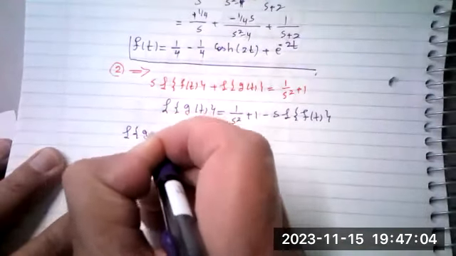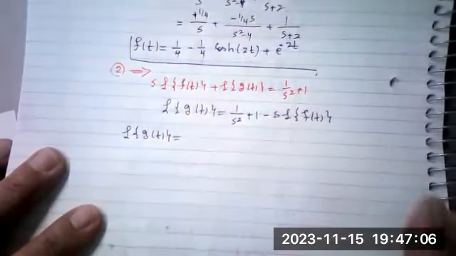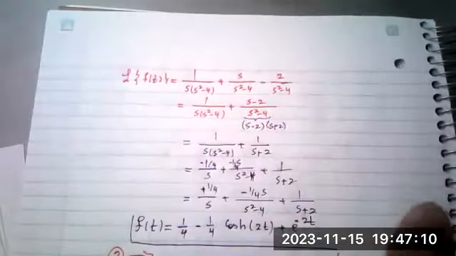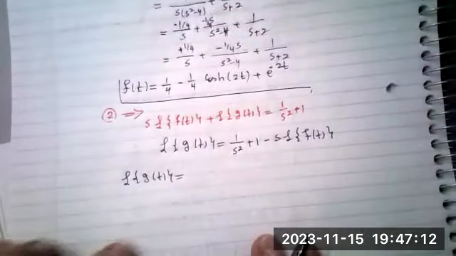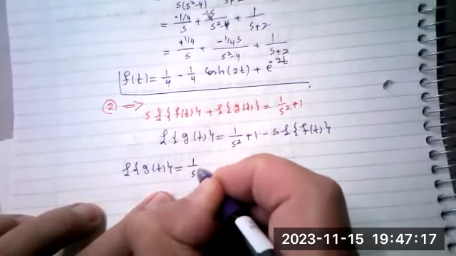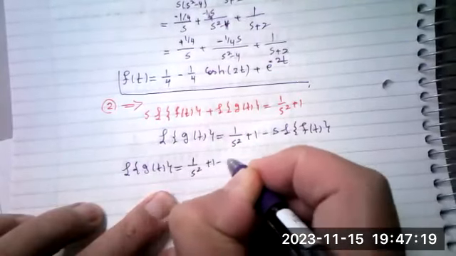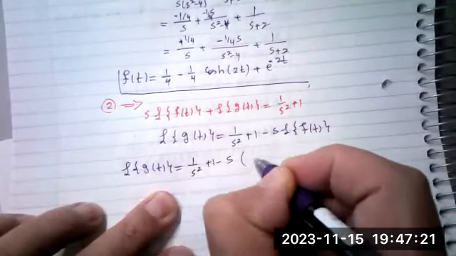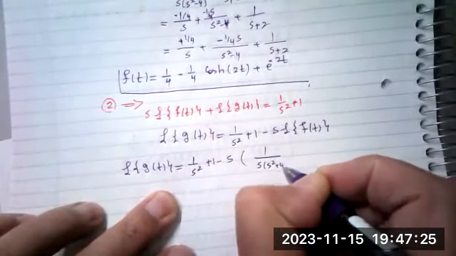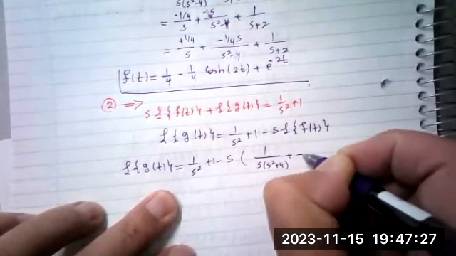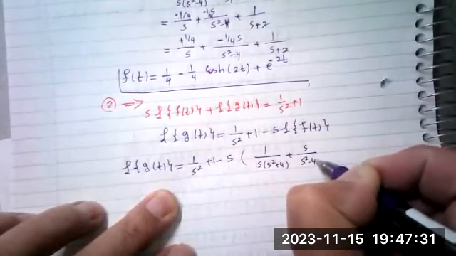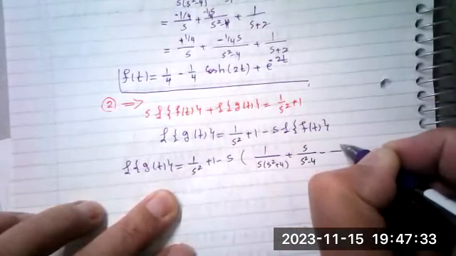The Laplace of g of t equals 1 over s squared plus 1 minus s times what?